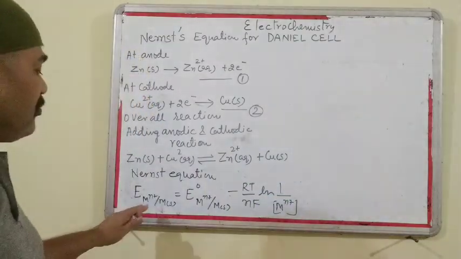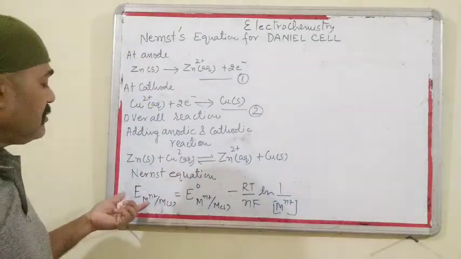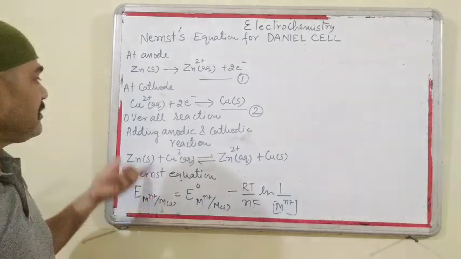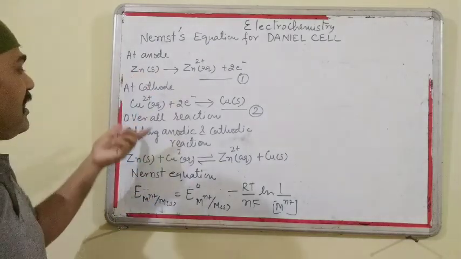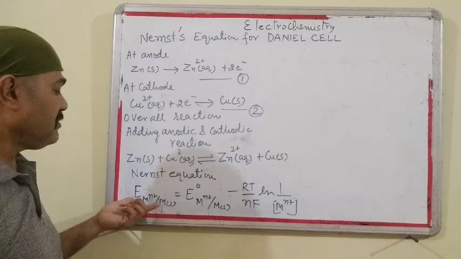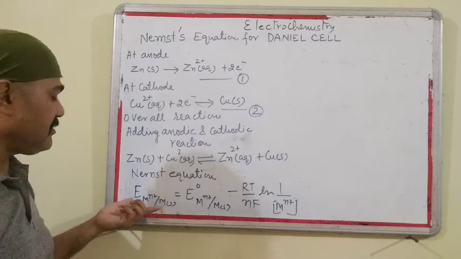Now we will write the half cell reaction for both zinc and copper according to this Nernst equation.